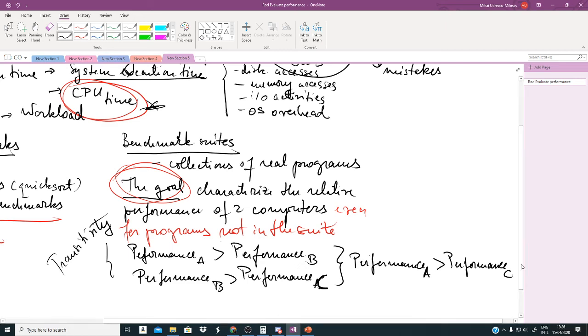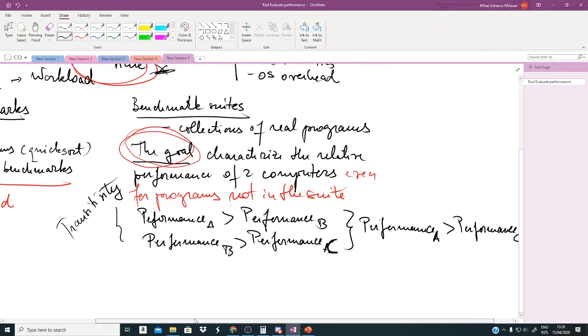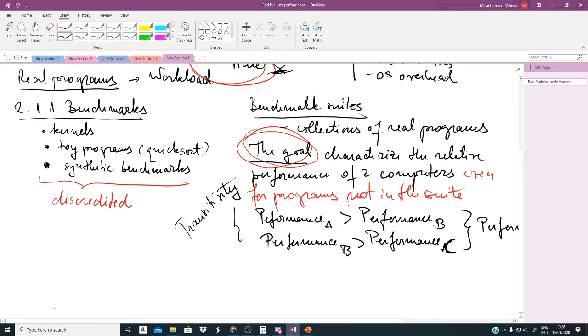In computers, when we talk about standard evaluation of performance, we are not talking about computer IQ. We are talking about SPEC. SPEC is actually a company.